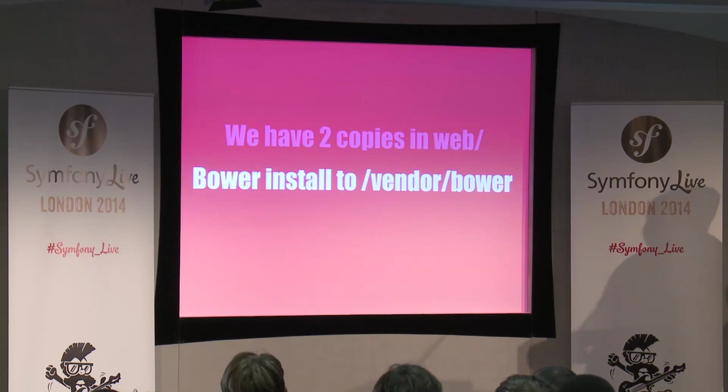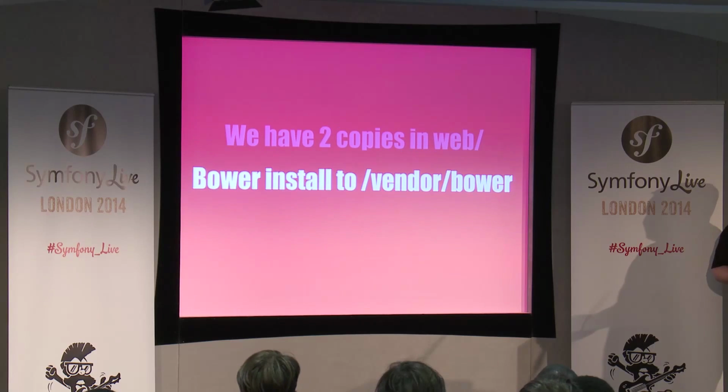So what we like to do is in your composer.json, you can set where the vendor directory is. So we have /vendor/composer for anything that's installed with Composer. We have /vendor/Bower for anything that's installed with Bower. We would do the same with Node, but we can't. Which means you then also don't have to worry about the .gitignore, because obviously you're not committing your vendor directory anyway.